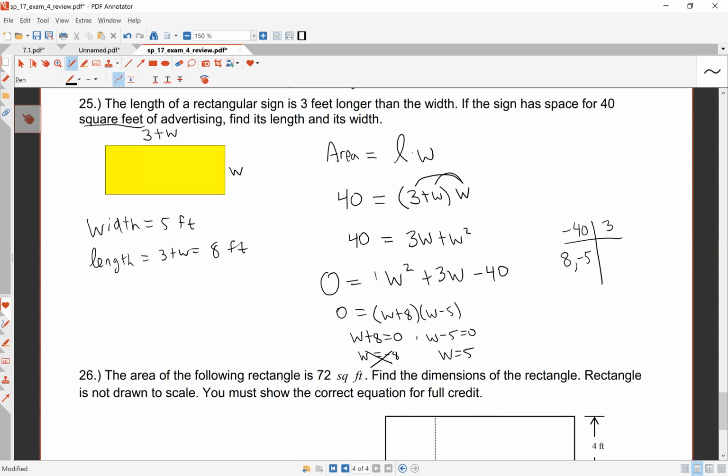So our dimensions are 8 feet by 5 feet. And 8 times 5 is 40.